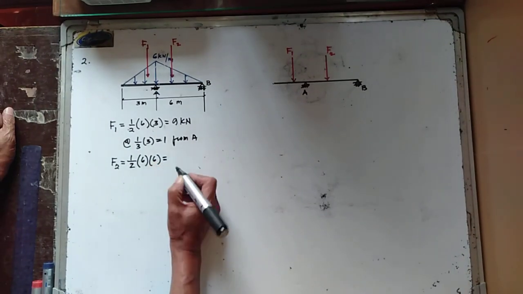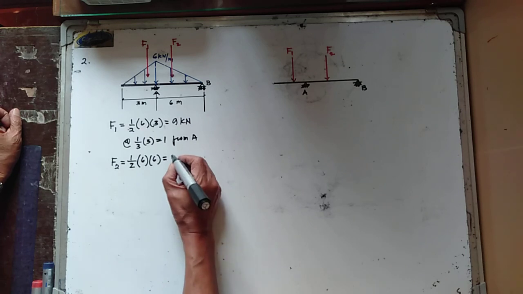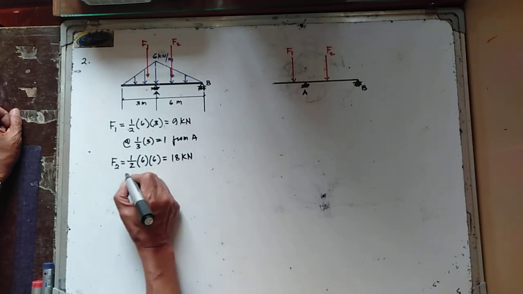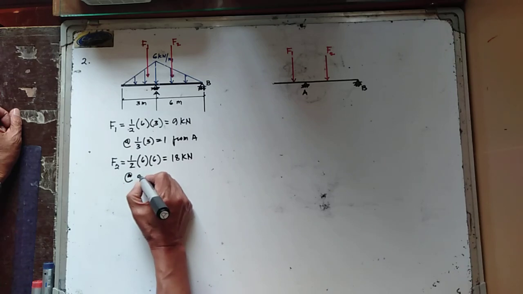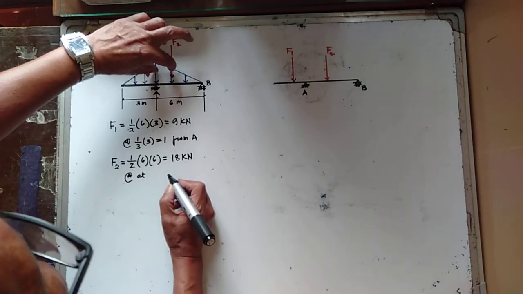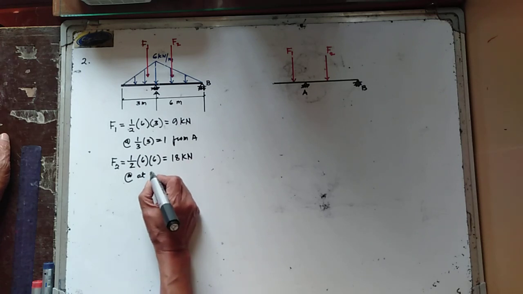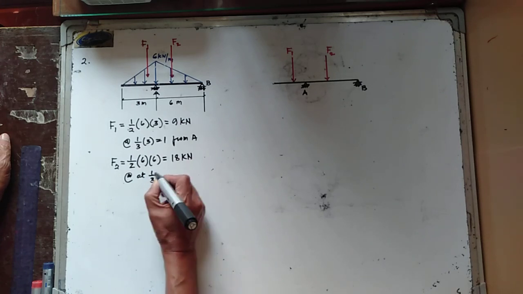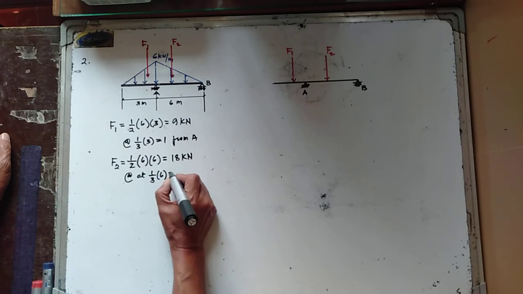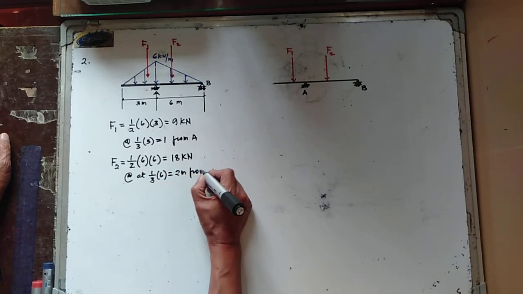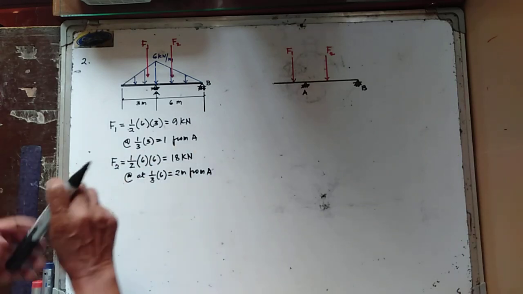So this is equal to 18 kilonewtons. And this is acting at, okay, so this is 1/3 from point A. 1/3 of 6. And that is equal to 2 meters from point A.